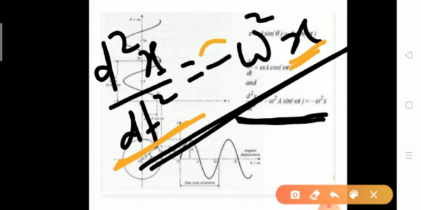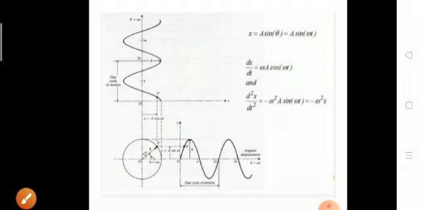But what about the direction? The direction must be opposite. So what can we conclude? If in any motion the acceleration is directly proportional to the displacement but their directions are opposite, then this kind of motion is called simple harmonic motion.